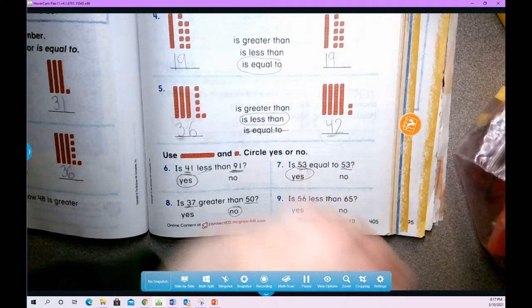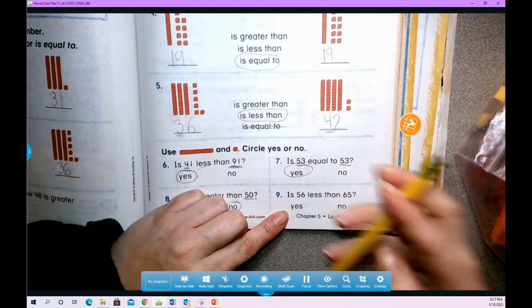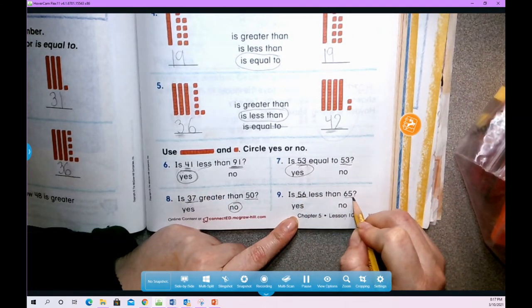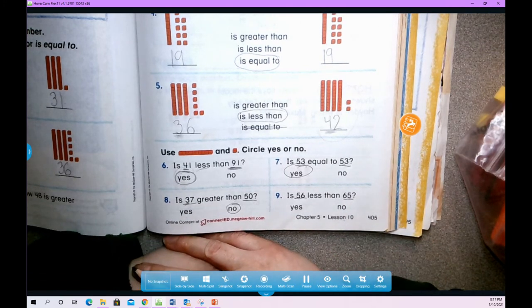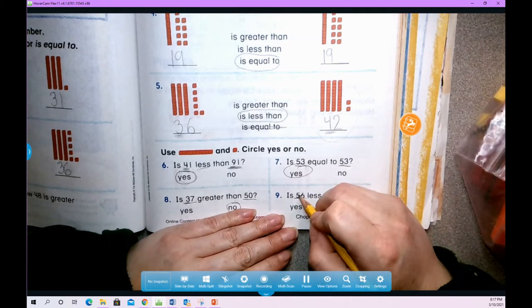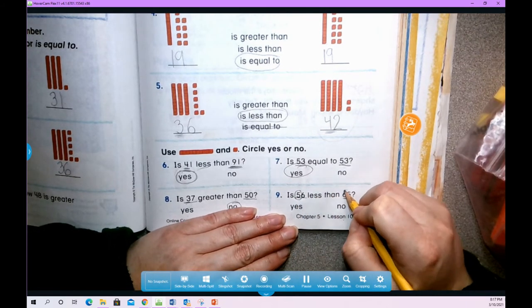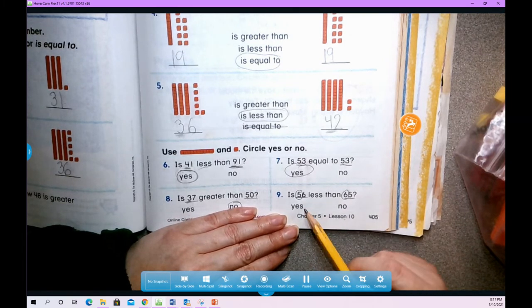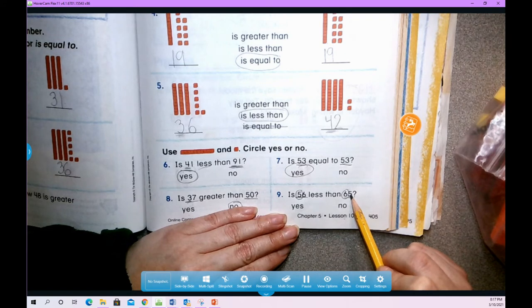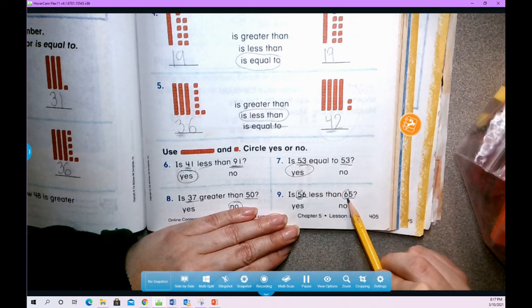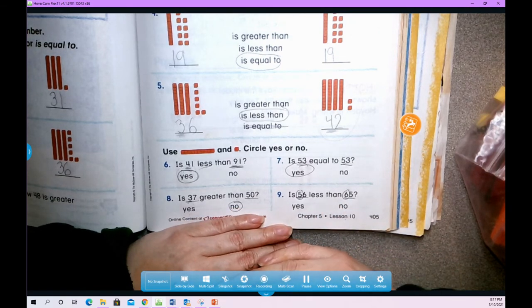Okay, here's our last one. Is 56 less than 65? So again, if you're having a hard time picturing this in your mind, let's look at the groups of 10. 5 and 6. 56 has 5 groups of 10, and 65 has 6 groups of 10. So is 5 groups of 10 less than 6 groups of 10?